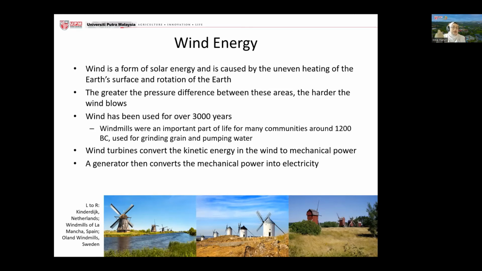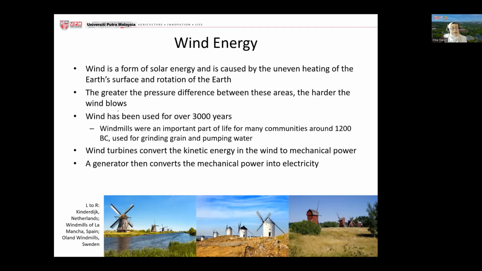It's related to the temperature of the sea and temperature of the land lah. Whoever is hotter, the wind is going to move from the place where it's hotter to the place where it's colder. But basically, it also creates a pressure difference. And the greater the pressure, the harder the wind blows, right?